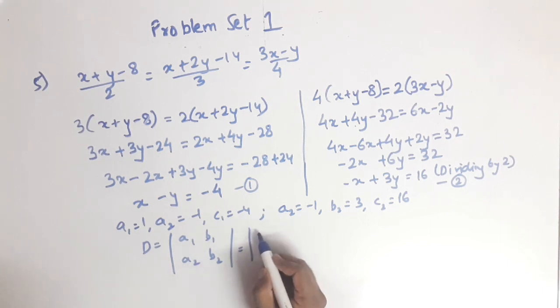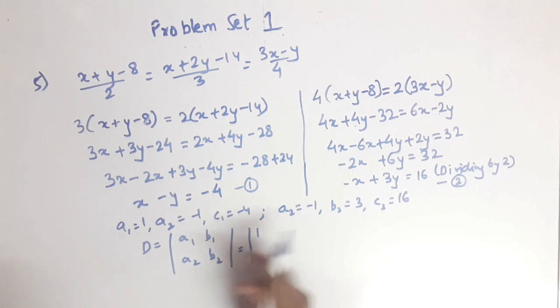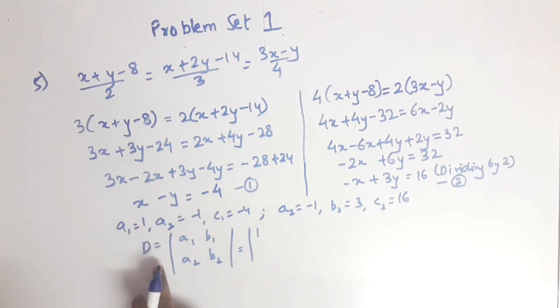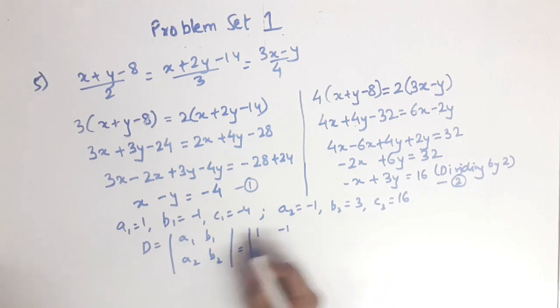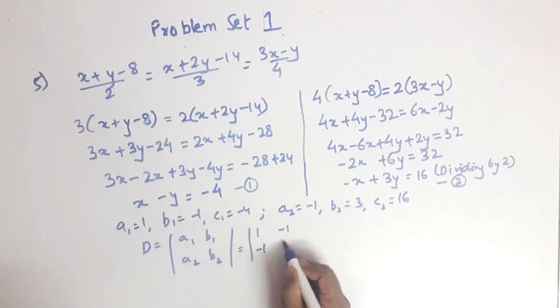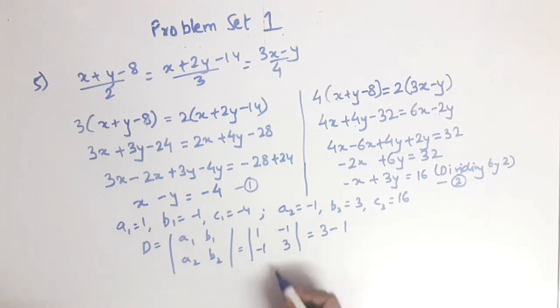So it will be 1 minus 1, minus 1 and 3. So after cross multiplying, this will be 3 ones are 3, minus, this will become positive 1, minus 1 into minus 1 will be positive 1. So you got 2.